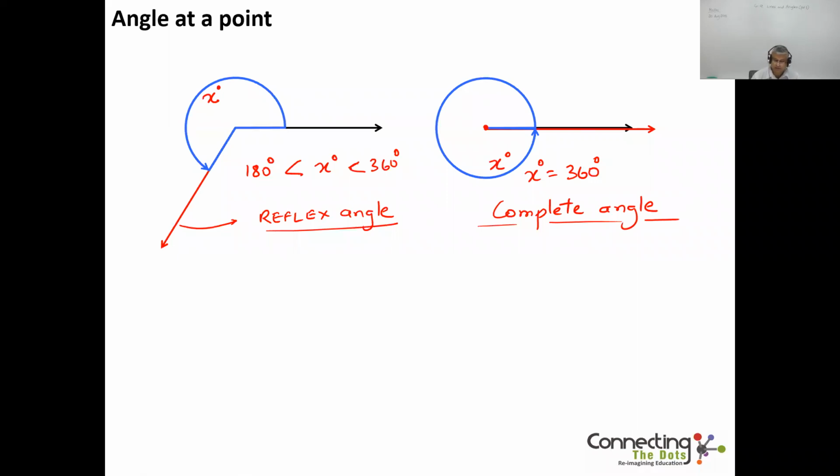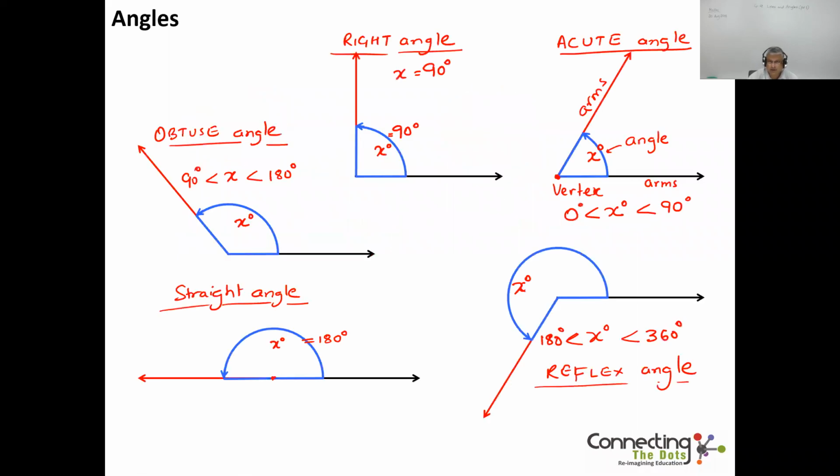Okay, so that's the complete angle. So I don't know till what point you have seen. I've shown all this, right? So did you see this part? Okay. So this is your acute angle, which is less than 90 degrees. Then you have 90 degrees, which is called a right angle. And then you have more than 90 degrees, which is called an obtuse angle.